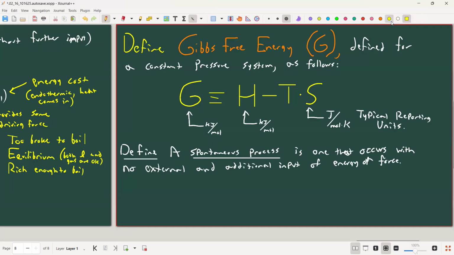We use, at constant volume, the value of G, which determines the spontaneity.